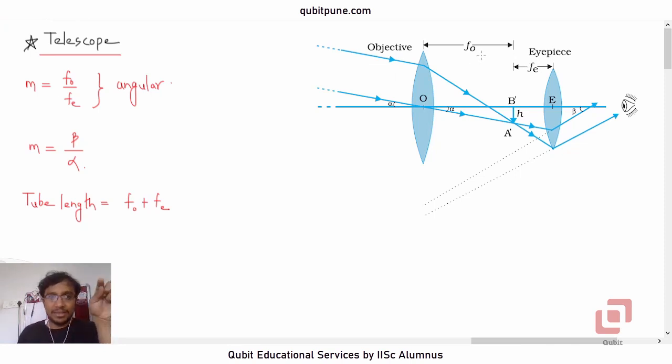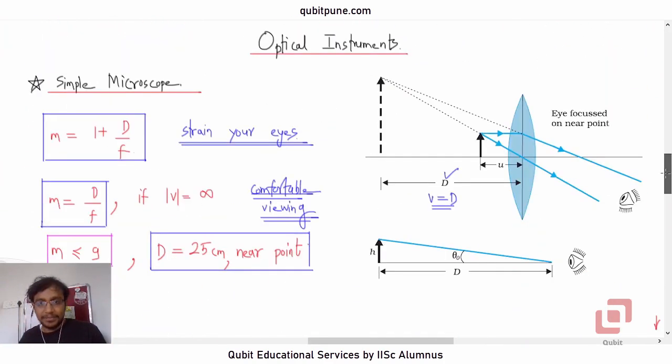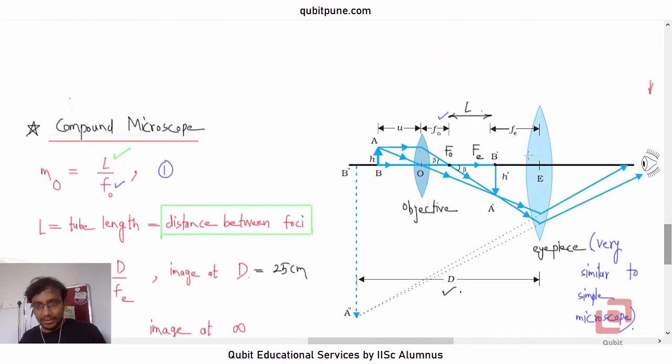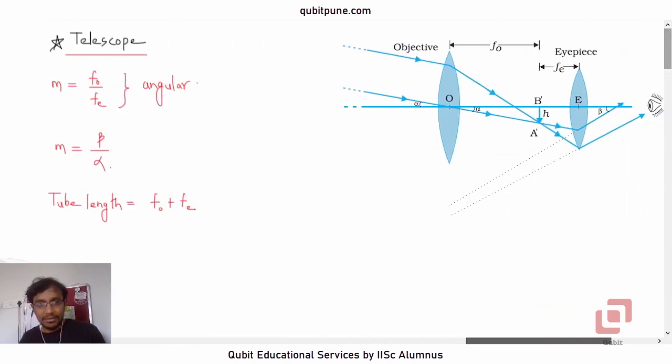The objective's focal length in the case of a telescope is much greater than that of the eyepiece, whereas for a microscope it is the opposite. In this case, FO is greater than Fe.